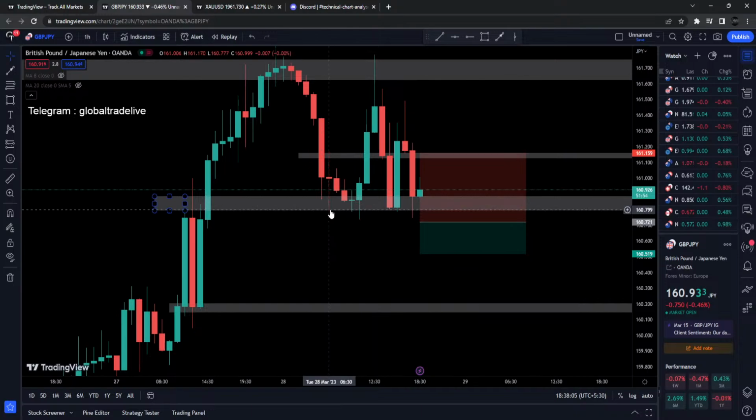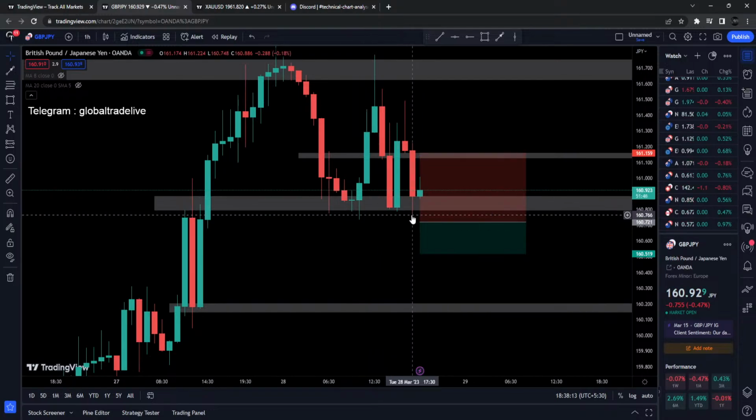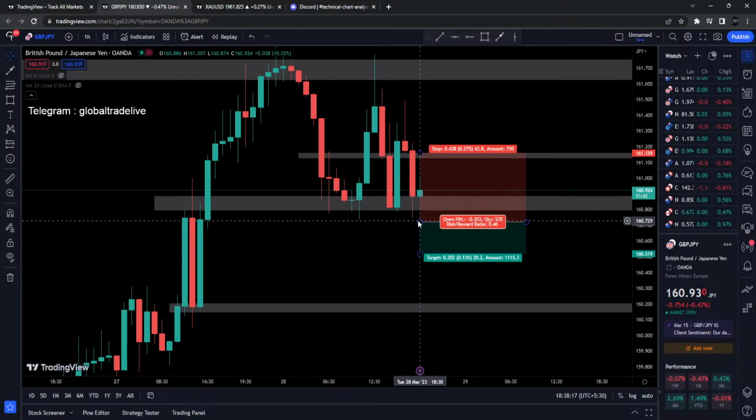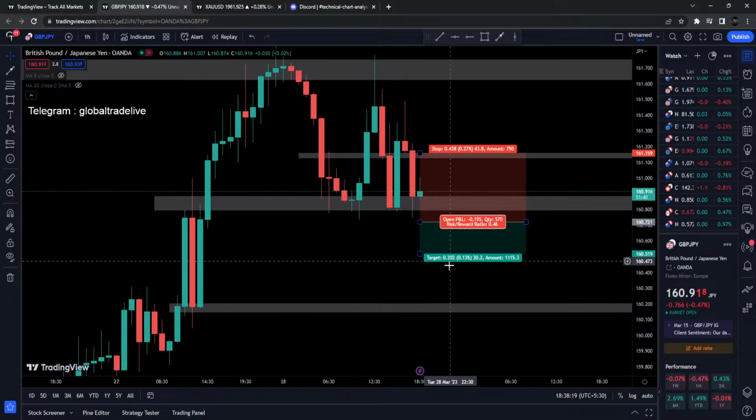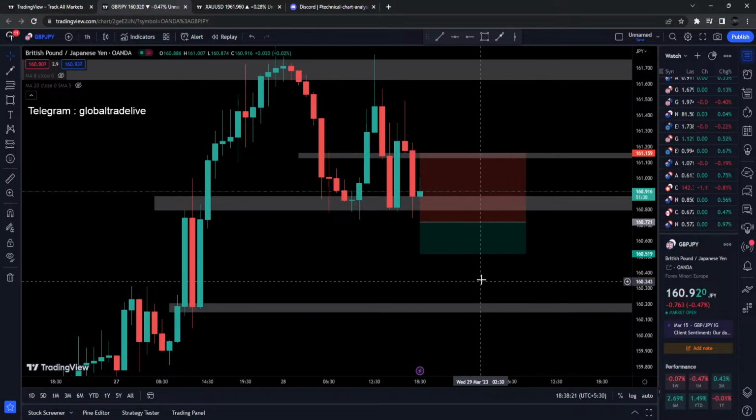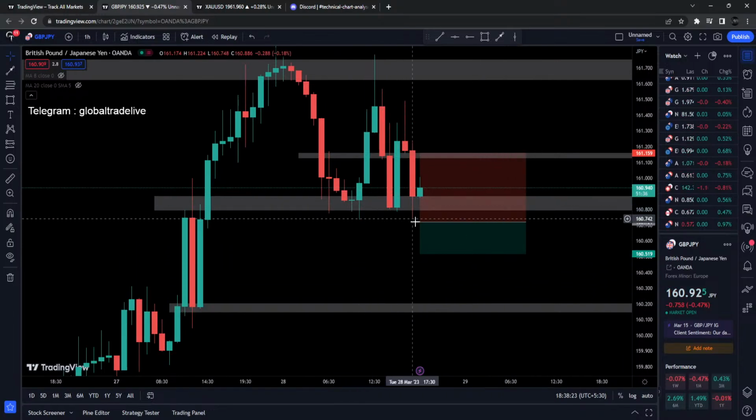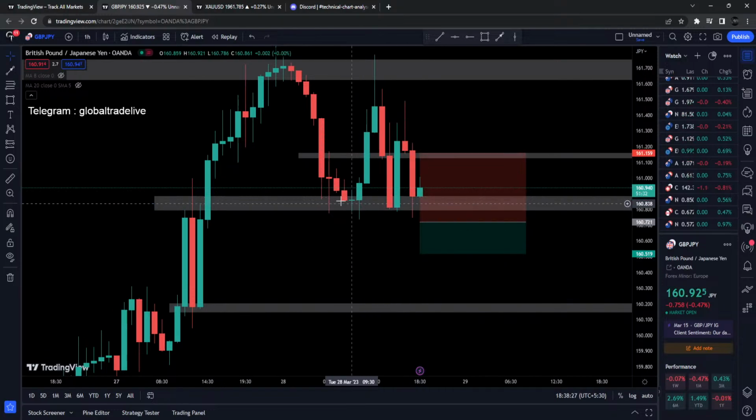The market just went down over here, then over here, then 2 times over here, then over here. But what happened is that the market still couldn't break below and go down over here. It was failing to do that every time, and it retested this area many times.